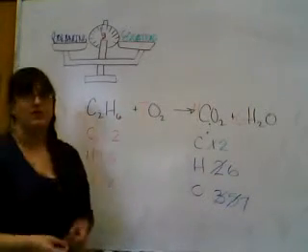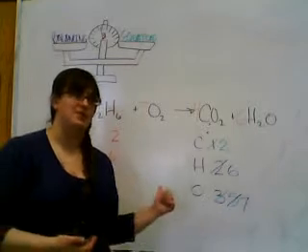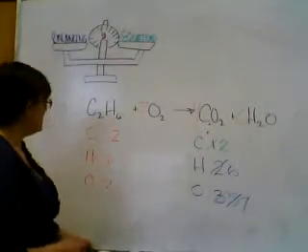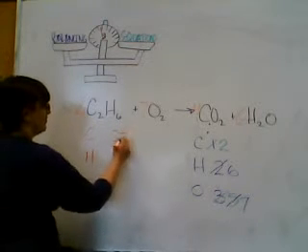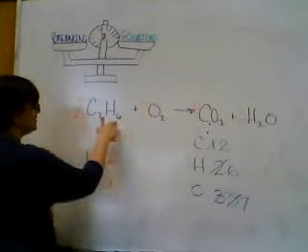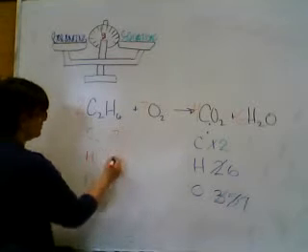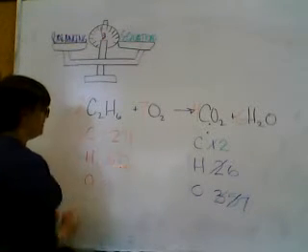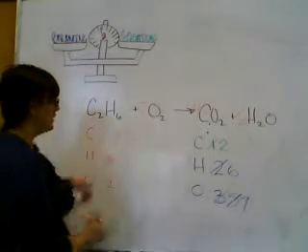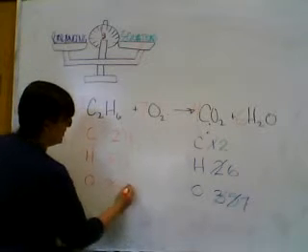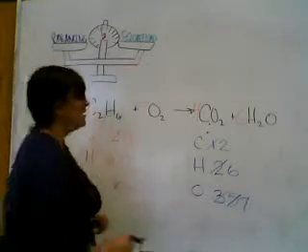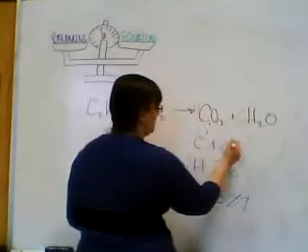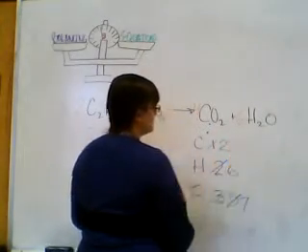So what we're going to do is fix all of our numbers. Instead of 2 carbons, I have 4. Instead of 6 hydrogens, I have 12. If I look over here at my oxygens, now I have 14. So 7 times 2 is 14. Coming over here, I have 4 carbons.